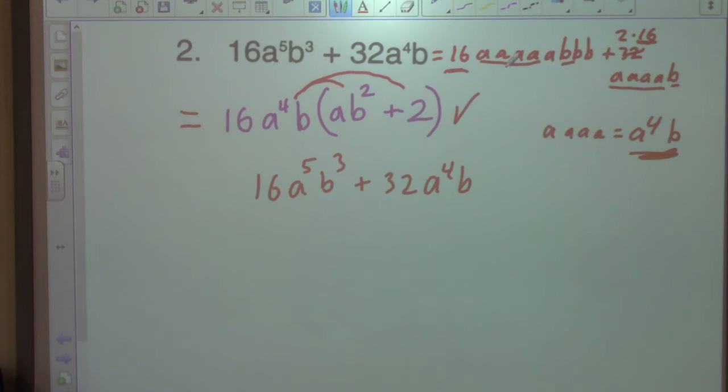And so it's almost like these cancel out, and what you have left over is a to the fourth, your greatest common factor, and then you have this and this, so you have a to the fourth b. I don't know if that in any way helped as an explanation. Probably not. Kaylee still has the mystified look on her face.